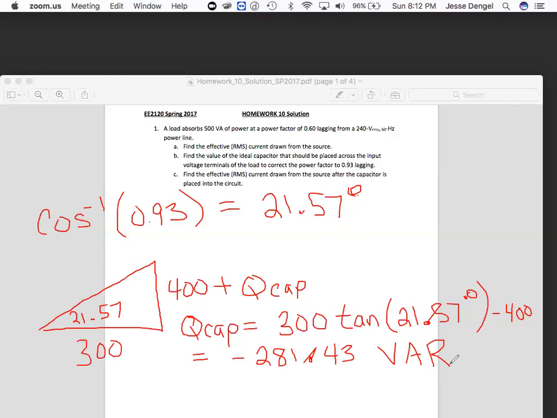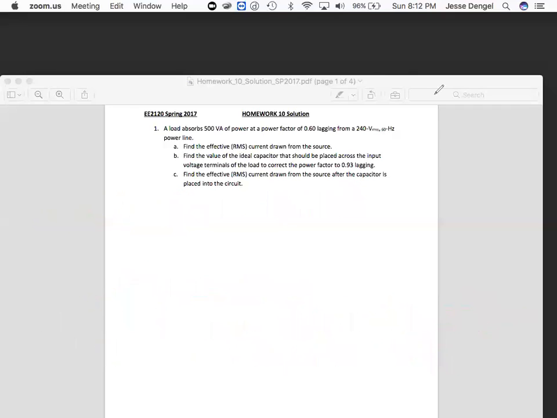So we now will clear this in my drawing. We need 281.43 VAR. So we have this value.